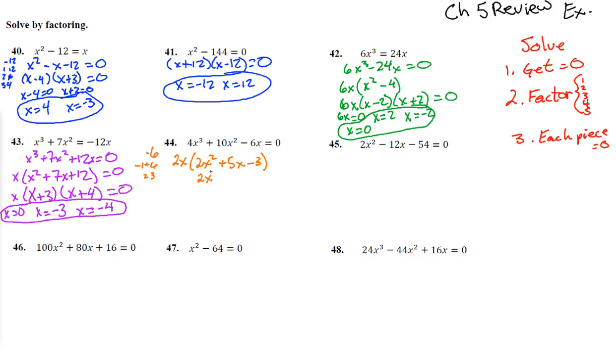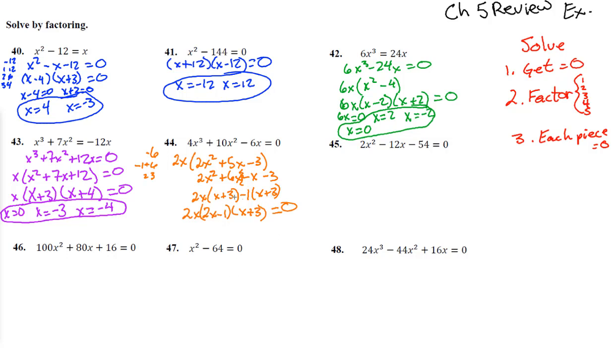This is 2x squared plus 6x minus 1x minus 3. Chainsaw, now we have four terms. So we take out a 2x, x plus 3, and we take out a negative 1, and we're left with x plus 3. So we're left with 2x minus 1, x plus 3, and don't forget this 2x is way out here at the very beginning, equals 0.